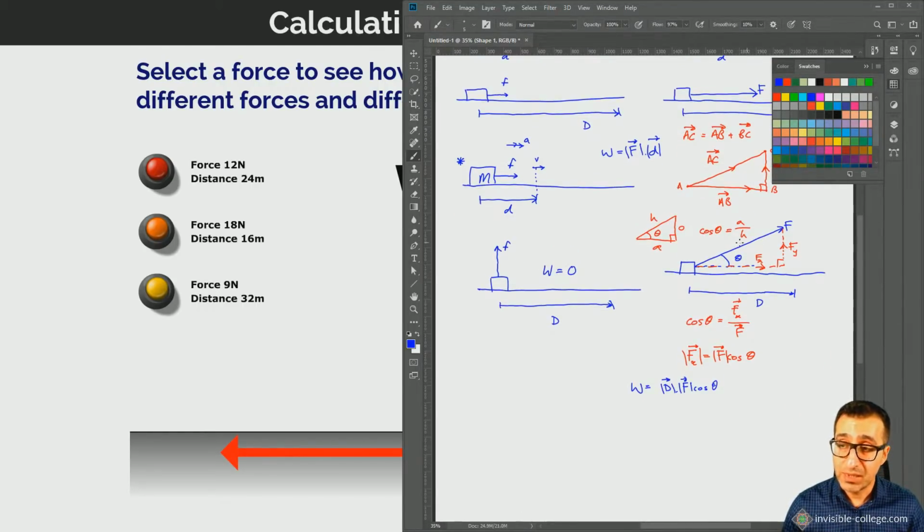Because now we've actually generalized a situation which includes forces which are parallel to the displacement and forces which can operate at an angle to a displacement.